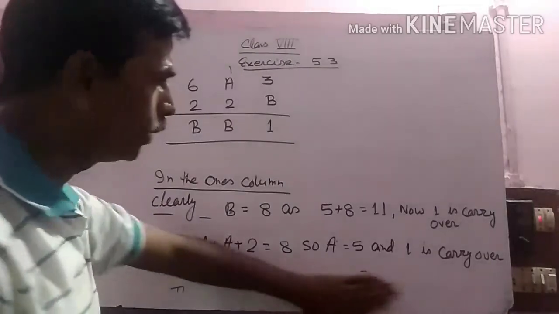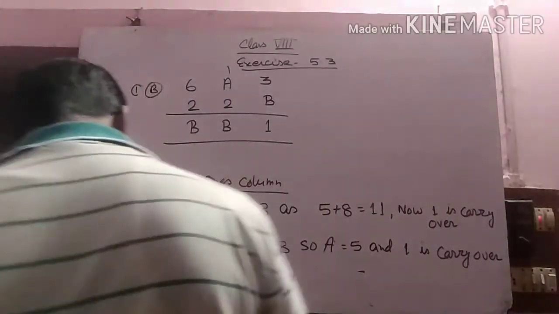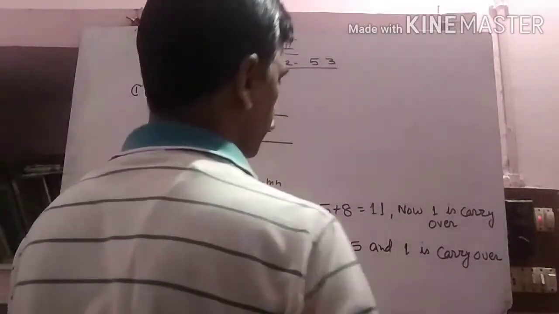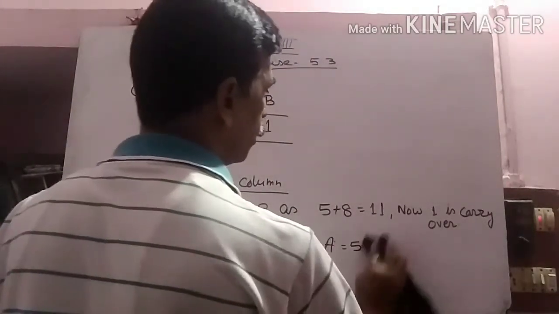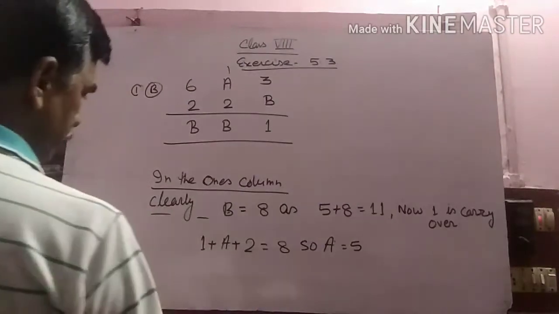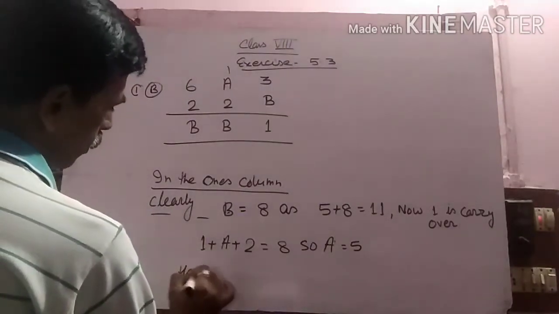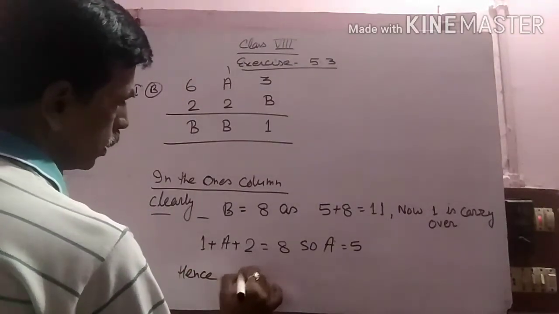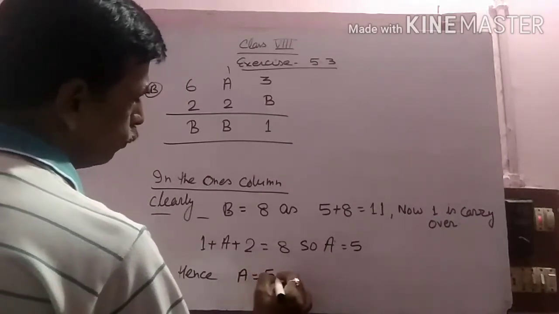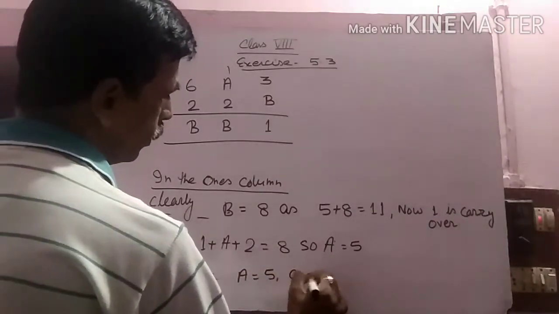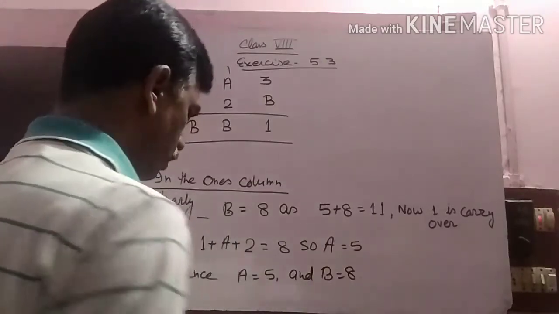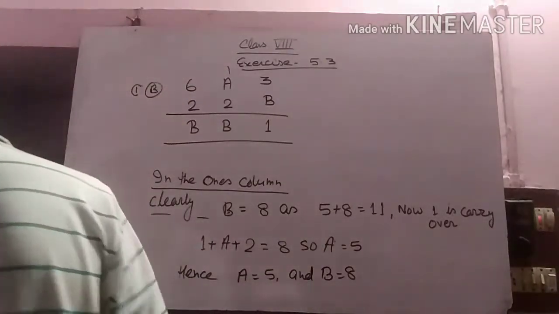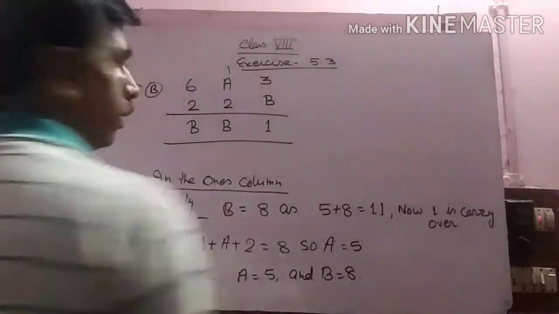Nothing is going to be carried. So finally you can write, hence a is equal to 5 and b is equal to 8.